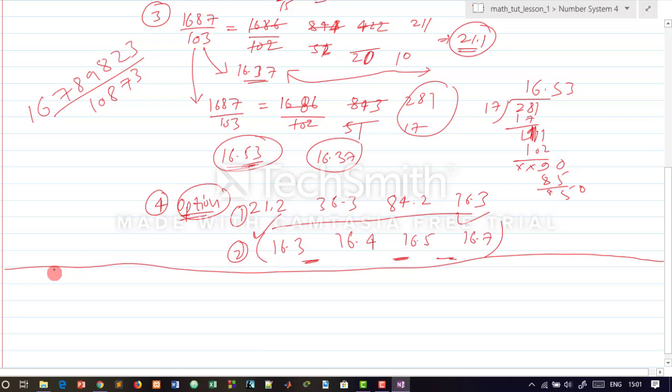And never ever use approximation for addition, multiplication and subtraction. Use it only for division, square root and cube root.